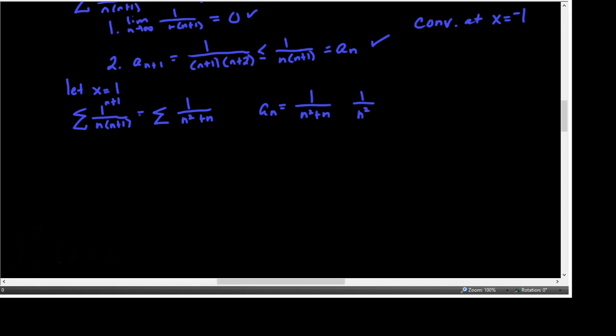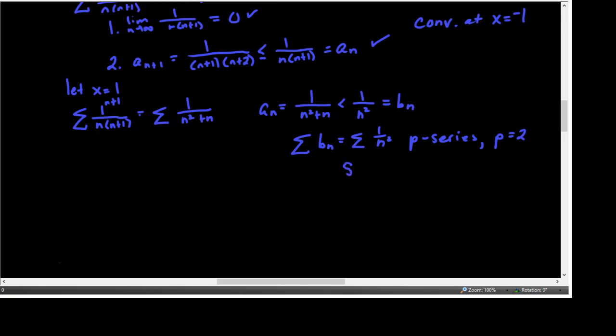And of course the denominator on the left is larger, so the fraction is less than. And then that could be my b sub n. And b sub n as a series is a p-series where p is 2.